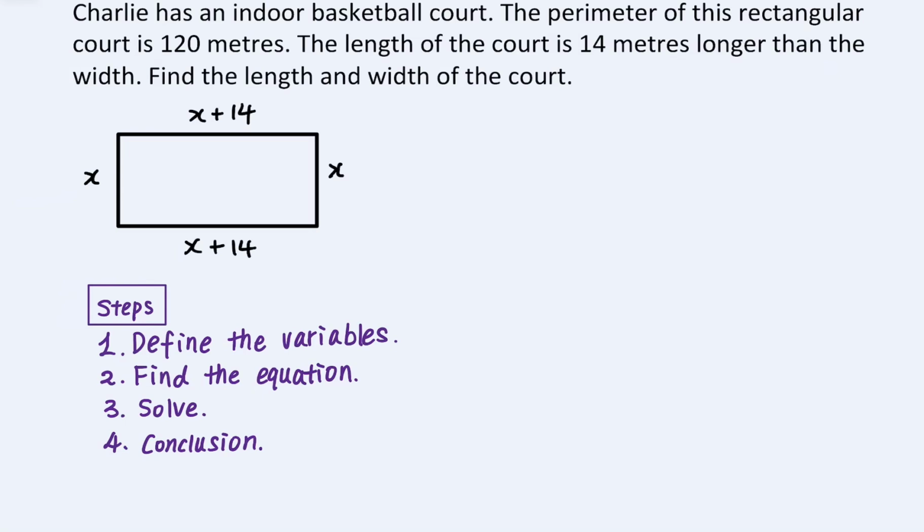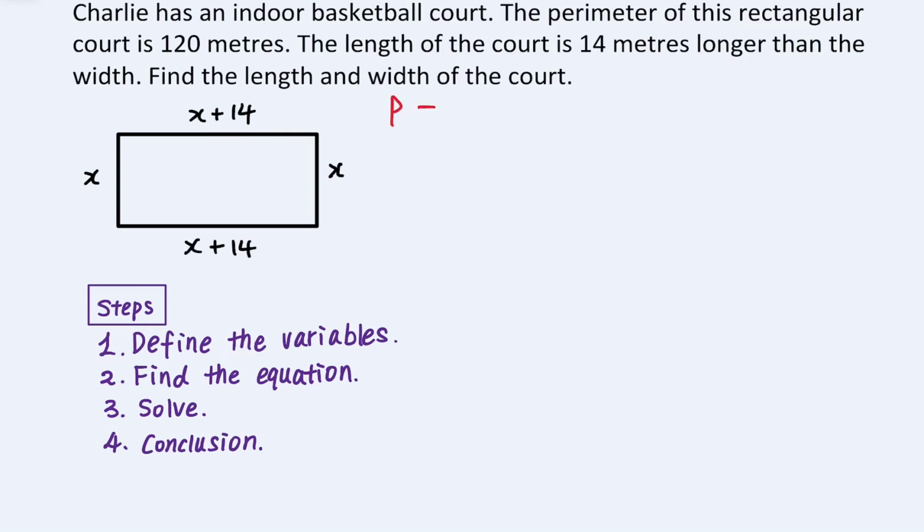So now I have my two variables, and to find the perimeter, I know the perimeter is the total distance around a 2D shape, and in this question specifically, the perimeter means I need to find the total distance around this rectangular court.